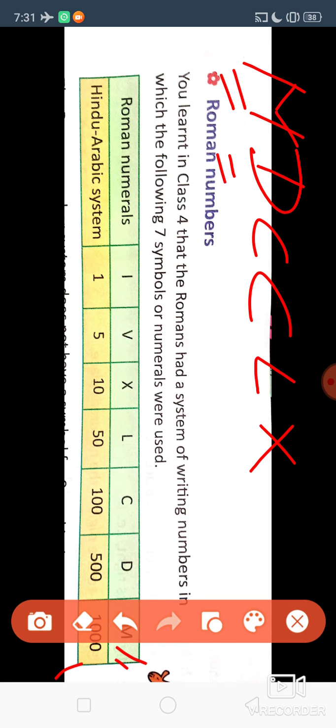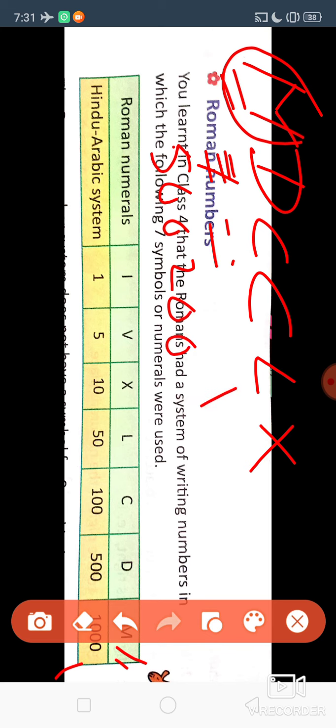So you can see the larger number is written first. After that, smaller numerals are there. D means 500. C, two times C, that means 200. L means 50 and X means 10, and M means 1000.